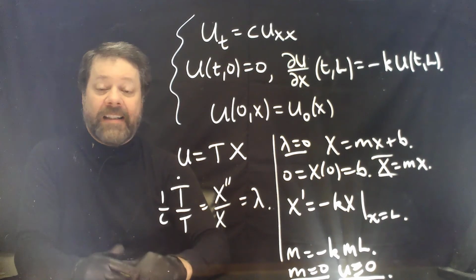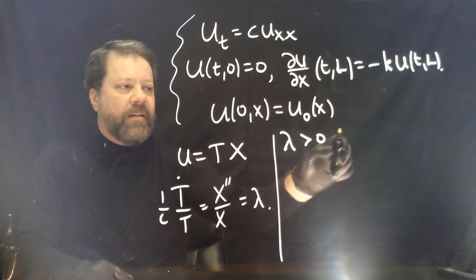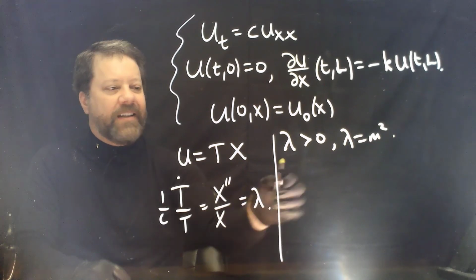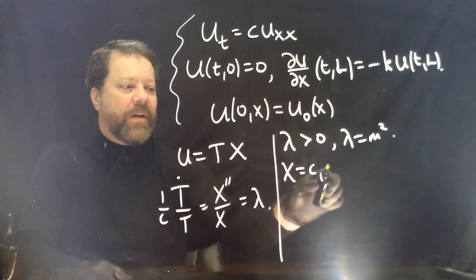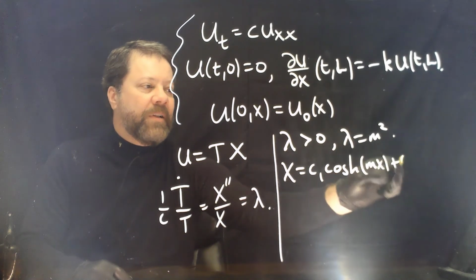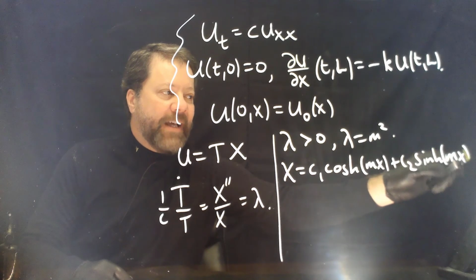We'll look at the lambda positive case. If lambda is positive, we can set lambda equals m squared. In this case, x will be c1 hyperbolic cosine of mx plus c2 hyperbolic sine of mx.